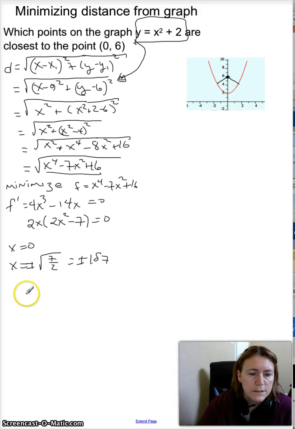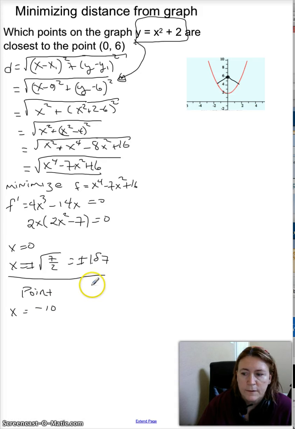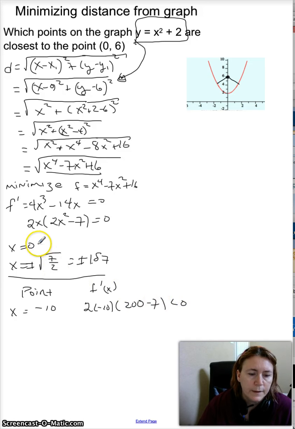For convenience's sake, let's try x equals negative 10. What is the sign of my derivative at negative 10? This is going to be 2 times negative 10 times 200 minus 7, so this is going to be negative. Then let me check my next point. x is negative square root of 7/2.